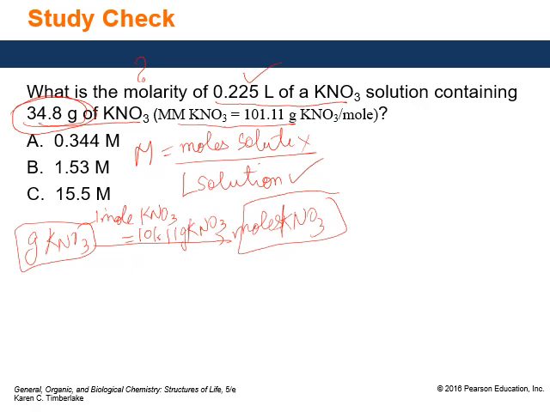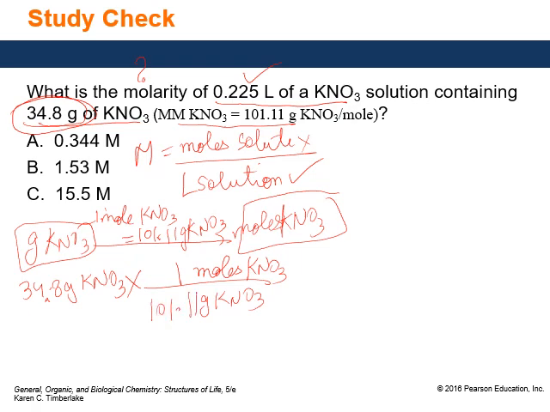So that is my conversion factor. We start with what's given, which is 34.8 grams of KNO3. I want to cancel grams, so I'll divide by grams of KNO3, multiply by moles of KNO3. How many moles? 1. How many grams? 101.11 grams, and grams got cancelled.